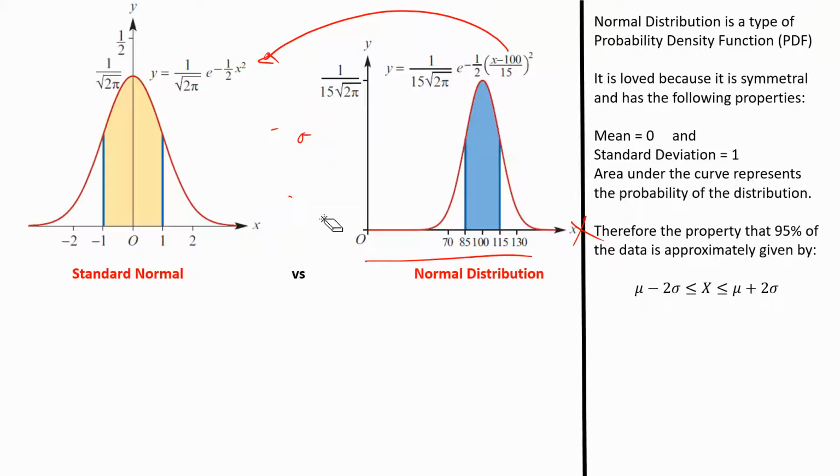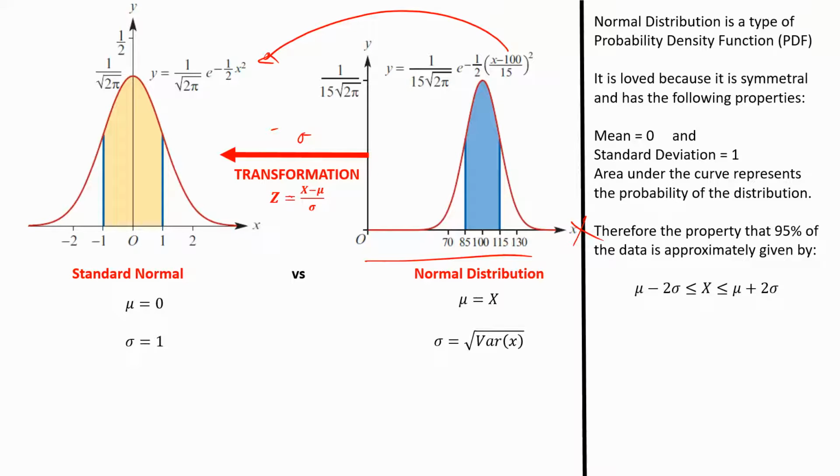So now that you understand the concept, it's just a transformation of z, x minus your mean over the standard deviation. That moves your current graph to this particular graph. That's all you want. You're just trying to move it to this beautiful graph that you have. This one we don't know. So this is what you've been dealing with. This is just a function.